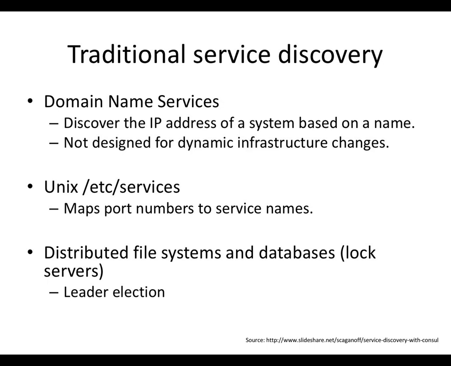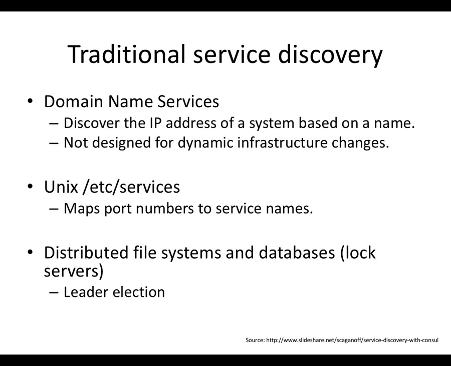On Unix systems, we can map port numbers to service names in the services file. That's another sort of service discovery mechanism that you'll find on Unix systems. And in distributed systems, especially file systems and databases, we often leverage what are called lock servers to store state, to store data.